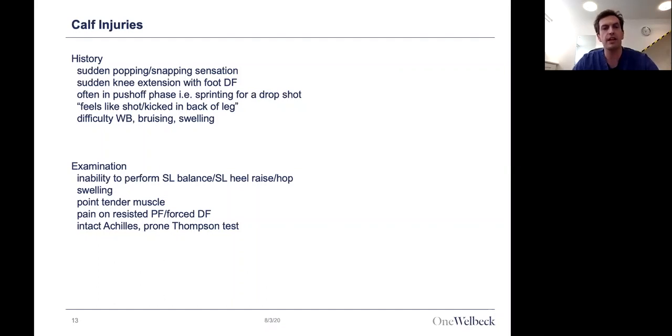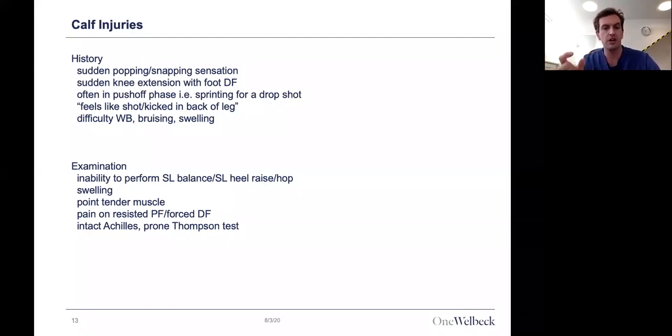The other important thing on examination is to get them into a prone position, so lying flat, face down on the couch with their feet hanging over the bed. This is a really nice position to assess the integrity of the muscle tendon unit. Generally, if they've ruptured the Achilles, they will lose the normal plantar flexion tone. So in someone who has an intact calf Achilles muscle tendon unit, we'll be able to see the forefoot when we're looking down in a prone position.